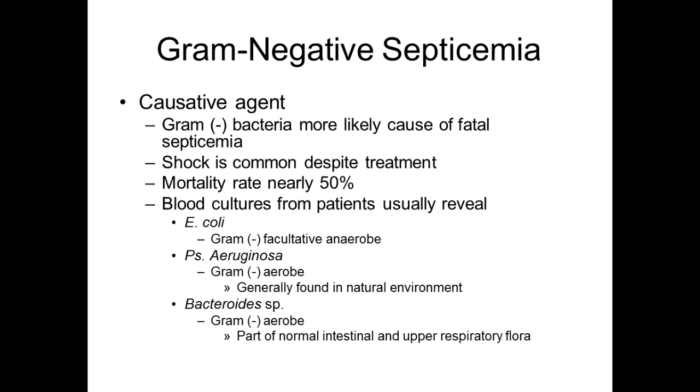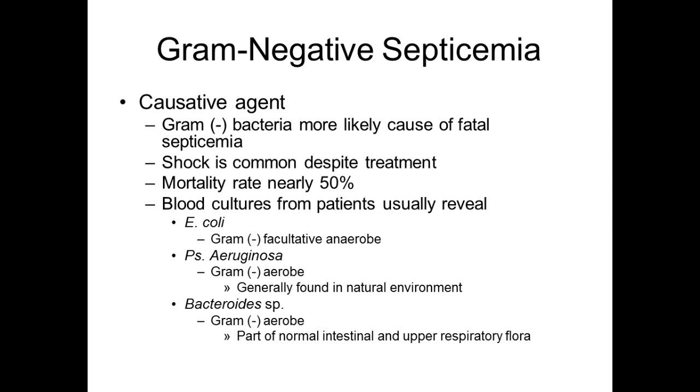So I said gram-negative bacteria are the most common cause of fatal septicemias. Shock is very common despite treatment, right? And this is the problem of this toxin circulating through the blood. So mortality rate is nearly 50%.